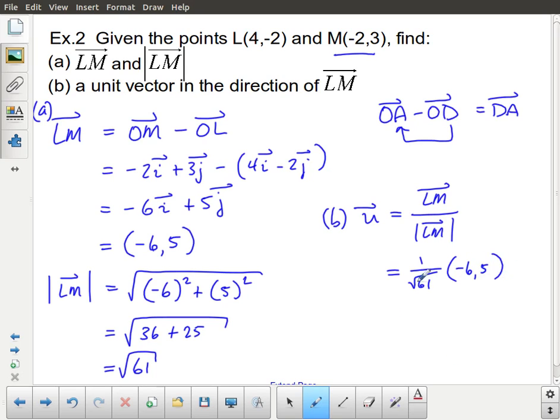I could take this 1 over square root of 61 into the vector notation, and then I end up with -6 over root 61 comma 5 over root 61. That's probably a better representation.